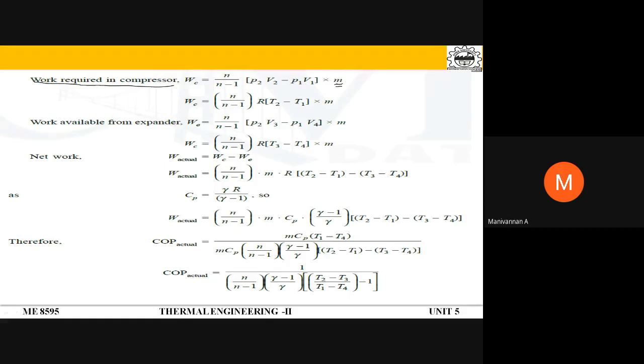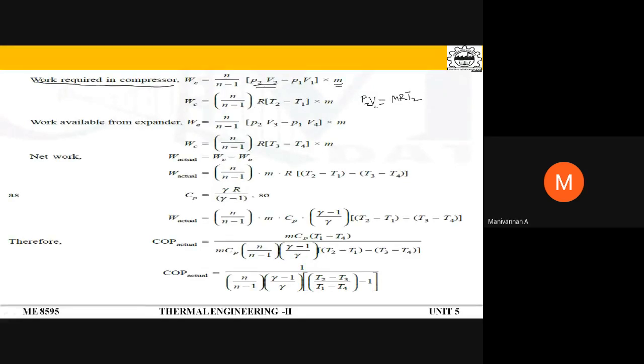Instead of P2V2, in the next step, air is the working fluid and we are treating air as an ideal gas. So we are putting PV equal to mRT for an ideal gas. So P2V2 equals mRT2.